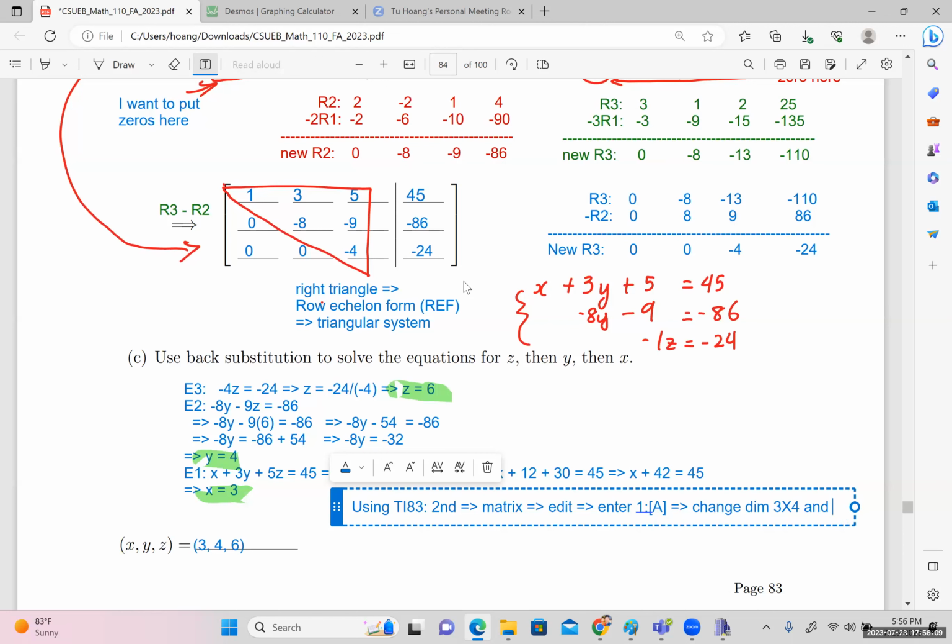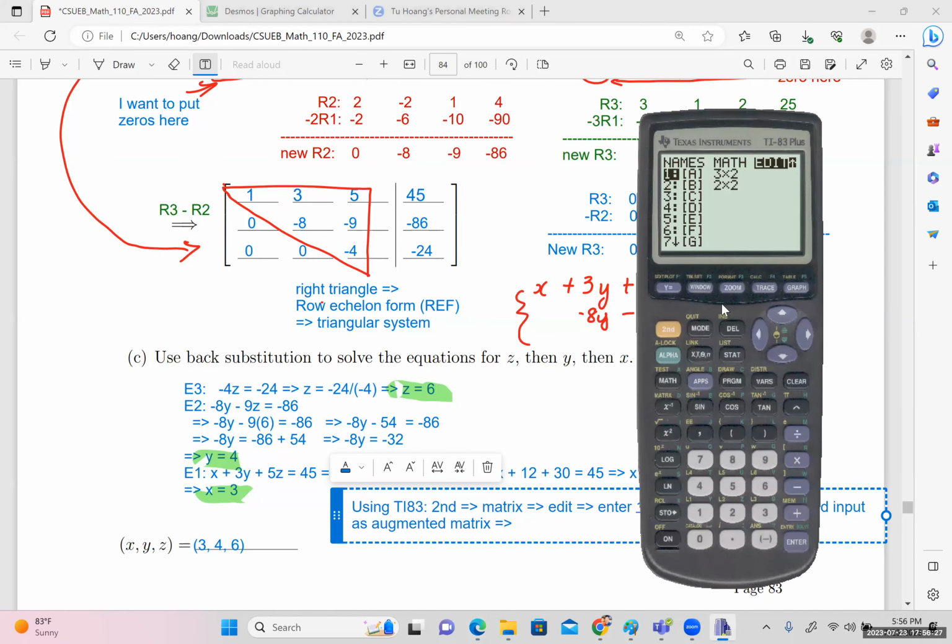And input it as an augmented matrix. So let's see. So enter here 3 by 4. Yep.